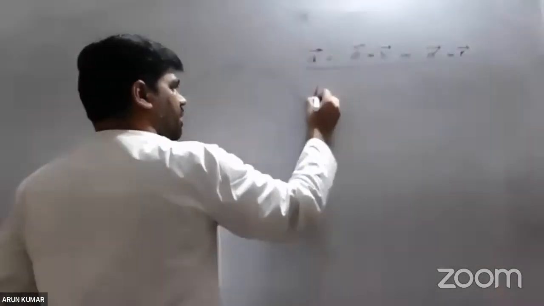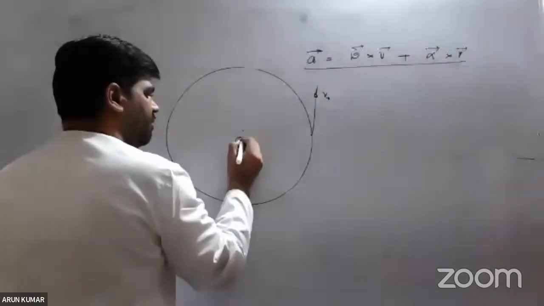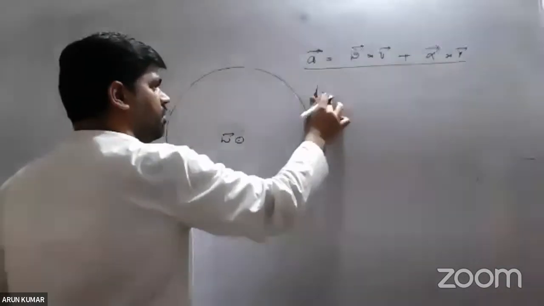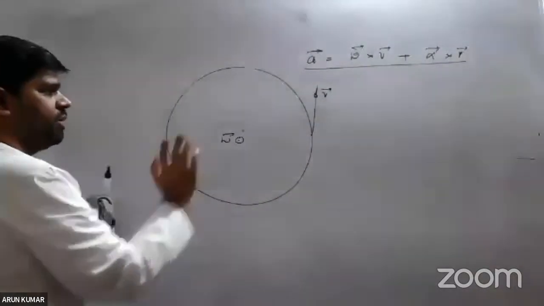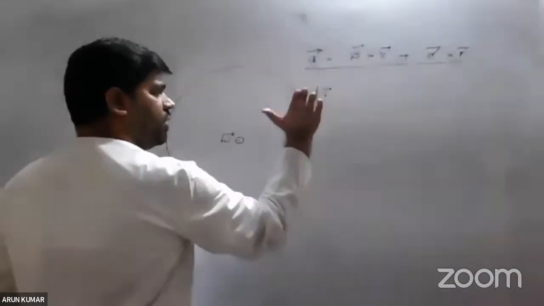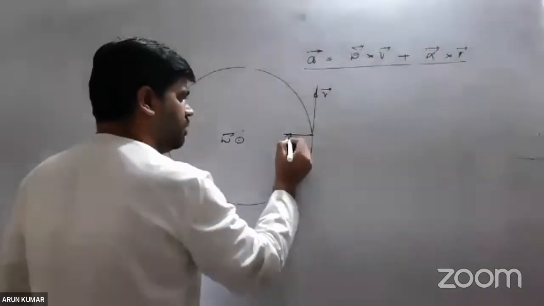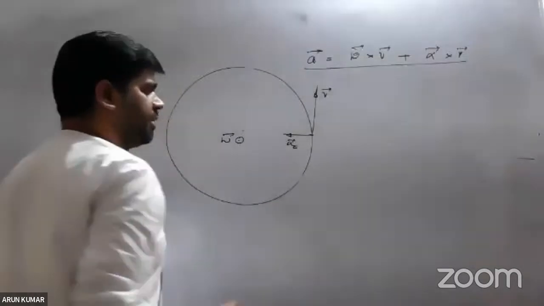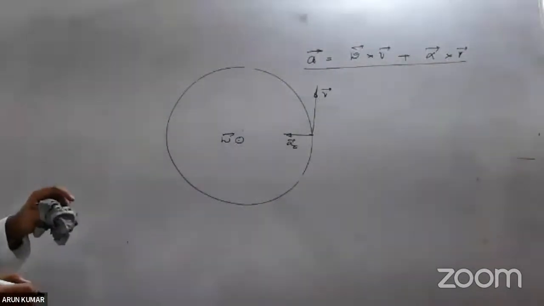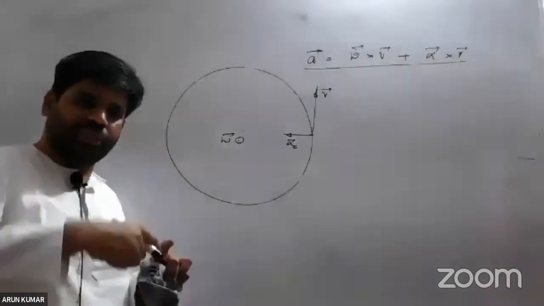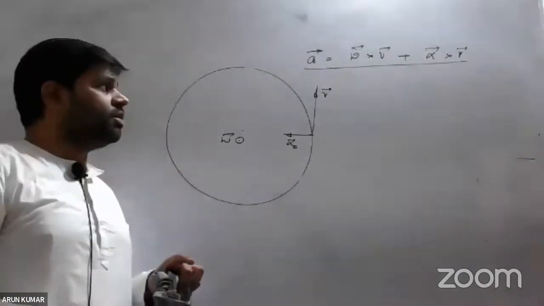If v bar is this way, omega is out of the plane. So omega cross v is towards the center. That is AC bar, centripetal acceleration. It's called centripetal because it's always towards the center, the center about which the particle is rotating at that instant.